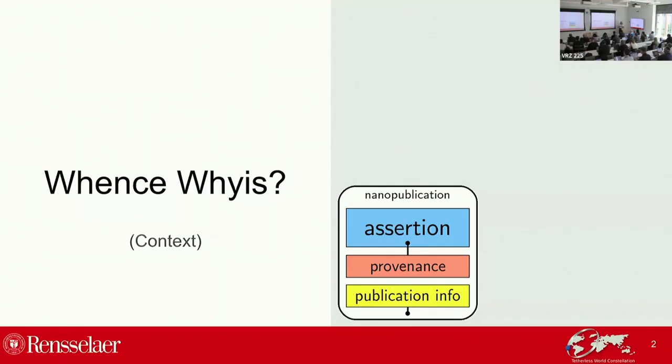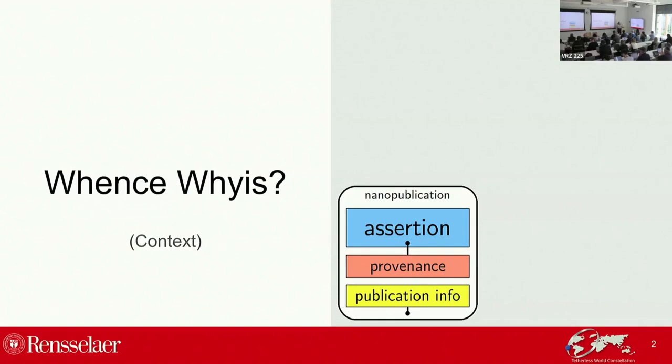but I realized that there's also a thing called a nanopublication, which is essentially three named graphs. There's an assertion, which is the one we normally think about. It is a very simple named graph in a knowledge graph where you would put the knowledge that you normally think of. But how do we know that this is true?